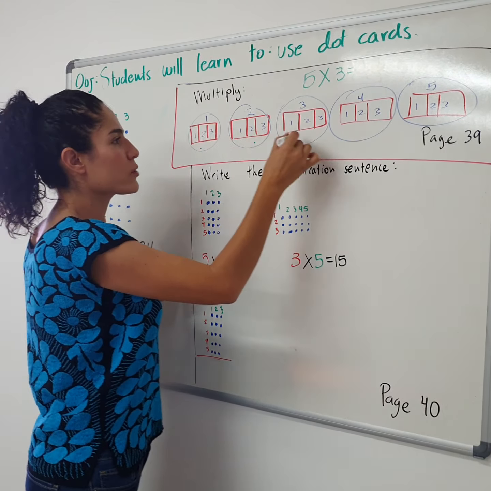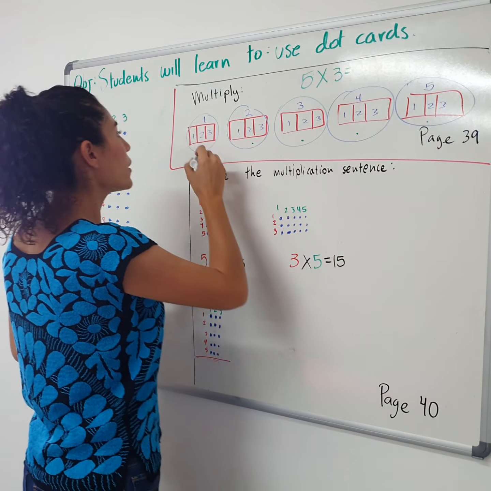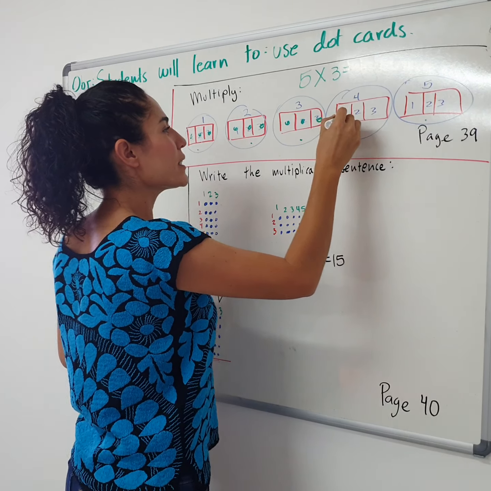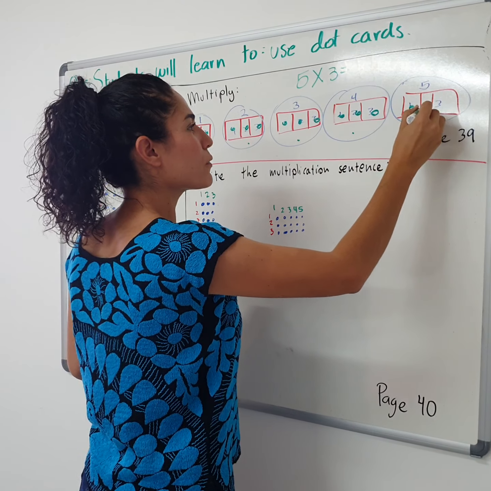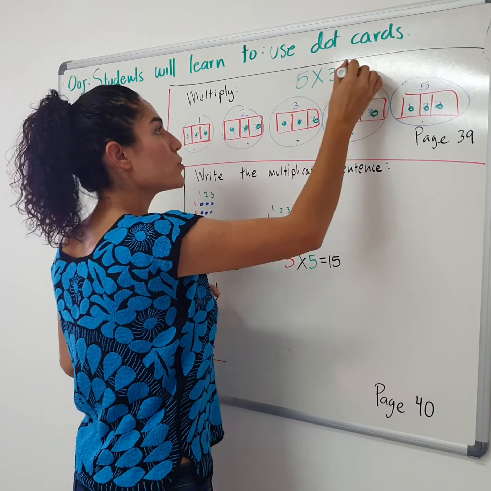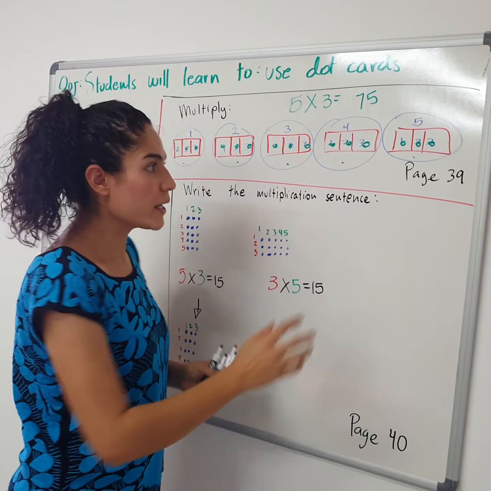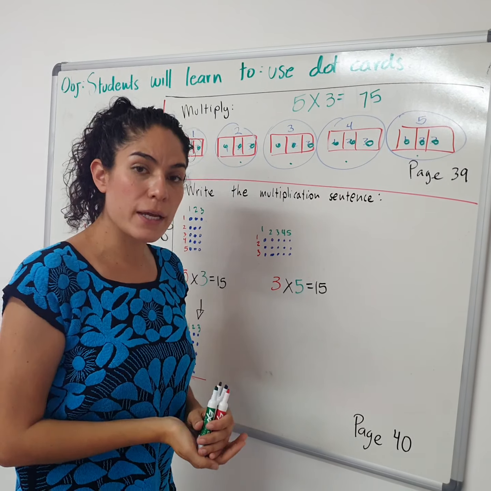So 3 plus 3 plus 3 plus 3 plus 3, or you can count 1, 2, 3, 4, 5, 6, 7, 8, 9, 10, 11, 12, 13, 14, 15. So 5 times 3 equals 15, okay? This is for page 39.